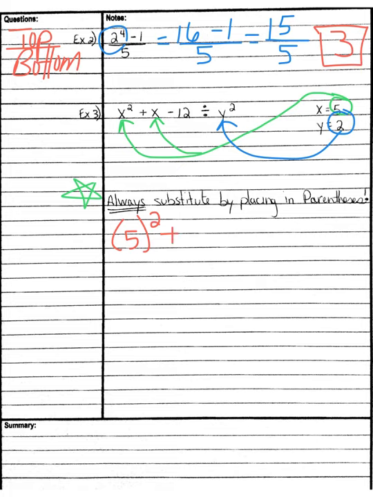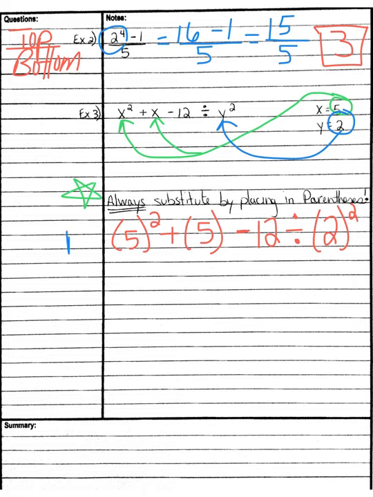Bring down my plus sign. I see another X. I'm going to write another number 5 minus 12 divided by the Y is a 2 and squared. So all I did first was plug all those numbers in.